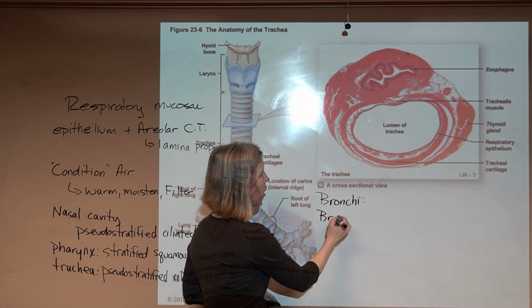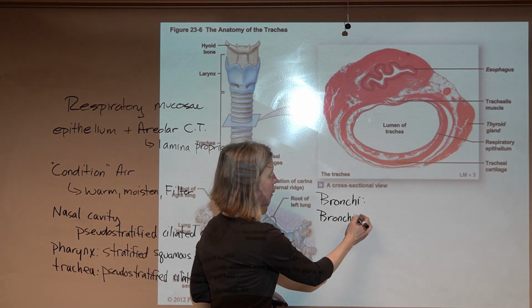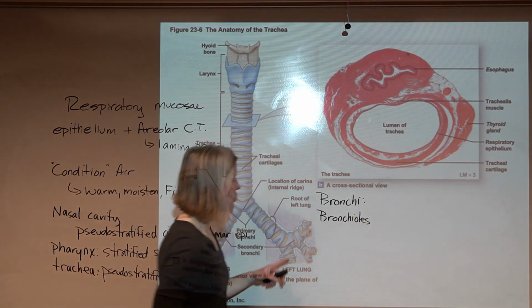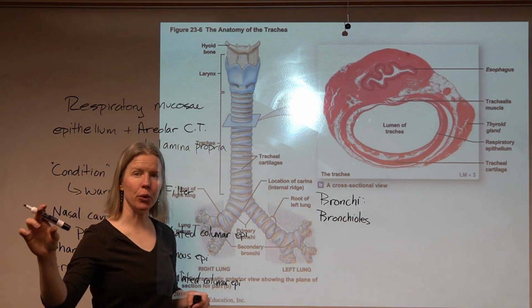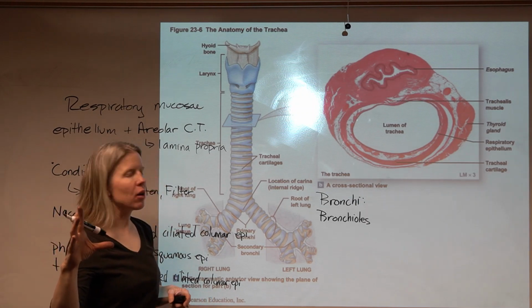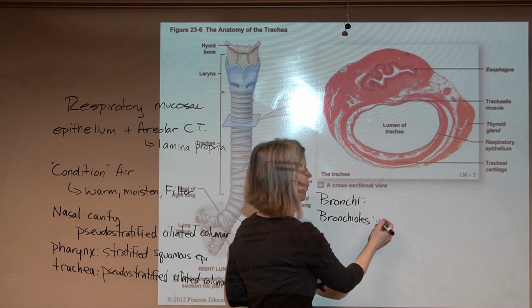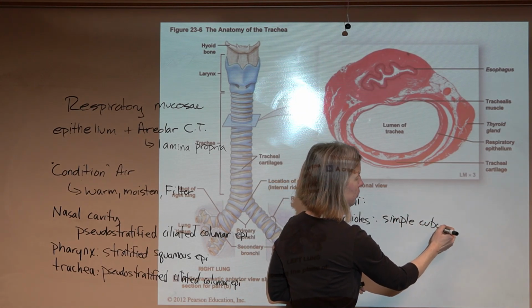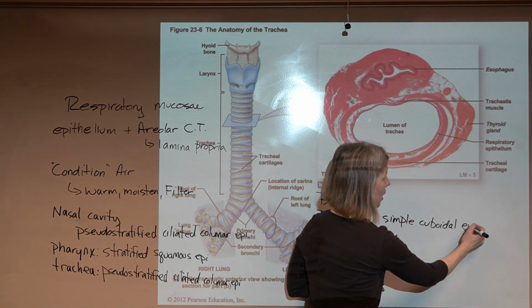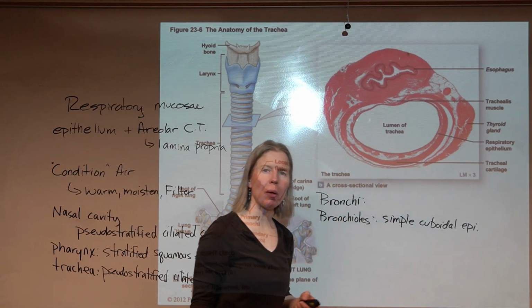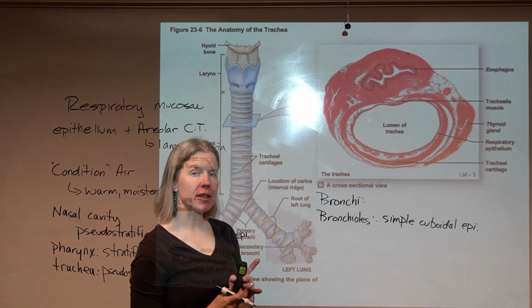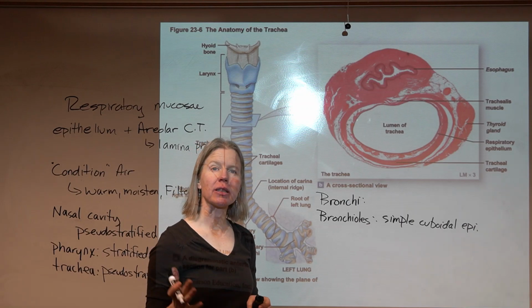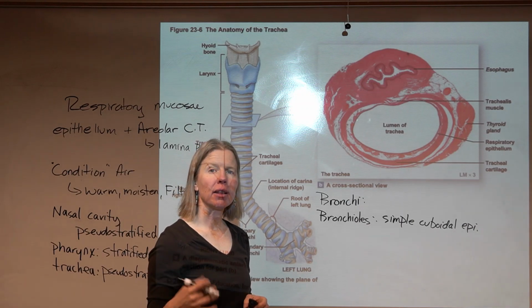We get even smaller then, and the bronchioles, these tiny tubes that are entering the alveoli. This is a simple cuboidal epithelium. Nothing too special about that. What you're going to see, though, is a real increase in smooth muscle in the lamina propria.